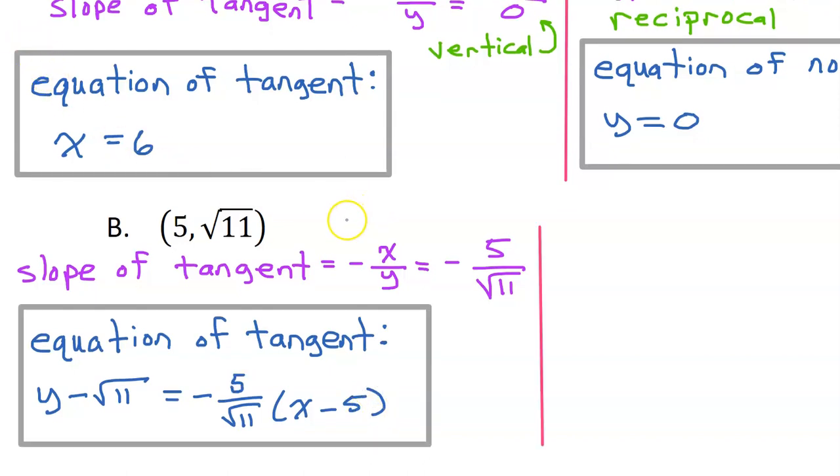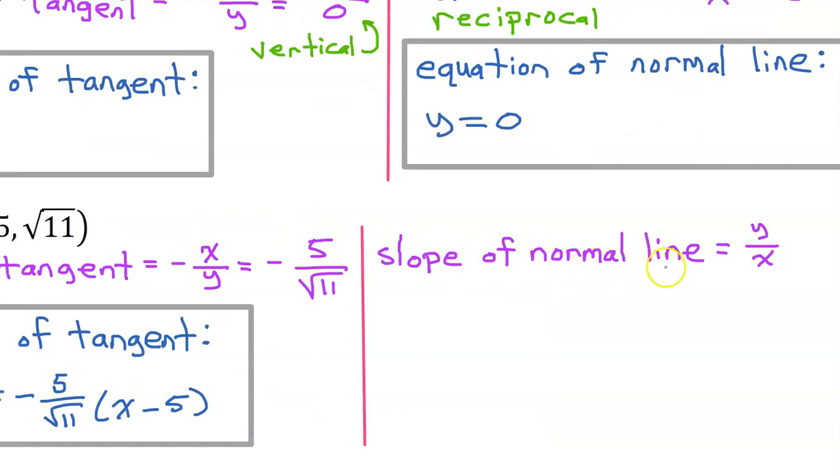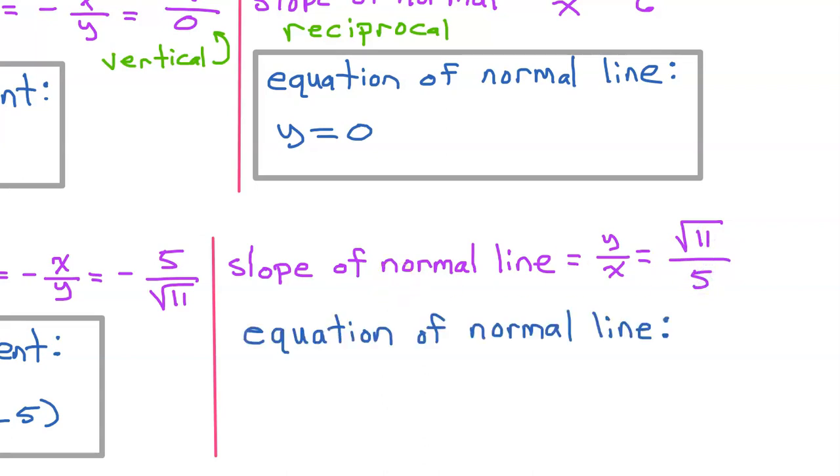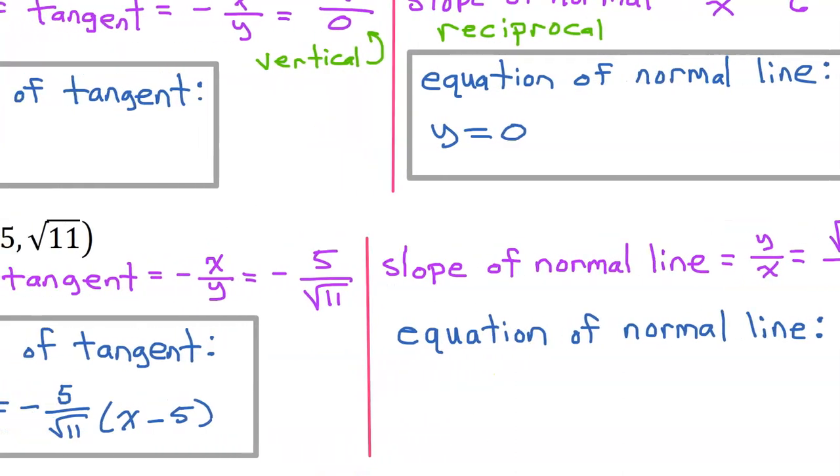So now let's find the slope of the normal line. Again, the slope of a perpendicular line will be opposite and reciprocal. So I'm going to change this to a positive and turn it upside down. So the slope of the normal line will be radical 11 over 5. Now we can write the equation of the normal line using point-slope form.